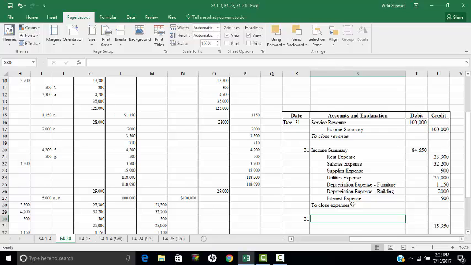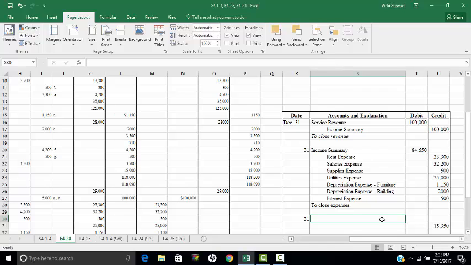Okay, so once we have closed service revenue, closed all of our expenses, and transferred those balances to income summary, the next step is to close income summary. So we know that income summary is going to have a credit balance because income summary was credited for $100,000, debited for $84,650.